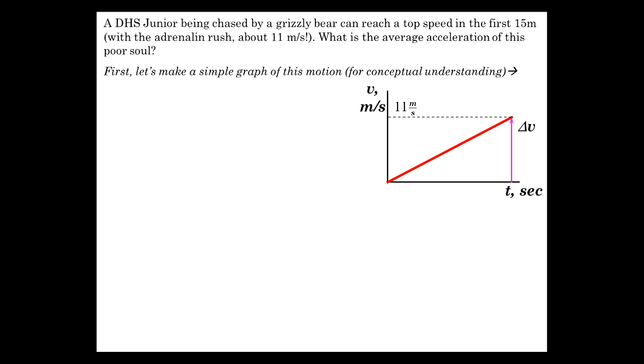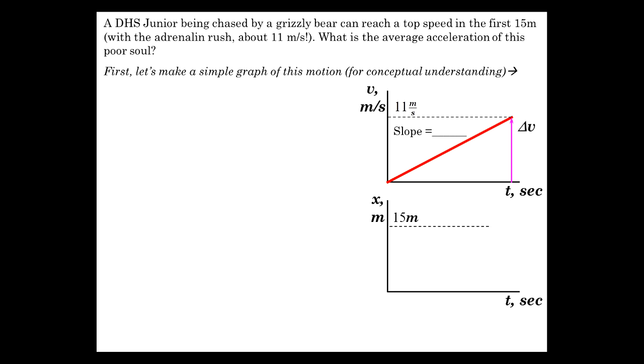So there's a change in velocity that occurs given by this vertical extent here. Now, we're going to want to know the slope of the line. Well, if you remember, slope of the line is the acceleration. Okay, so we don't know what that is yet.